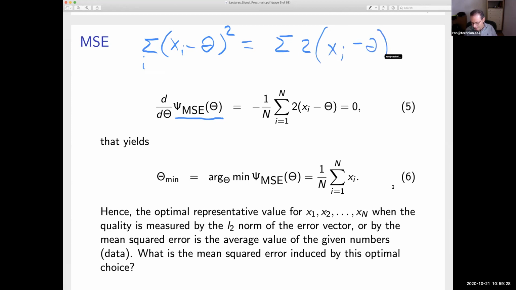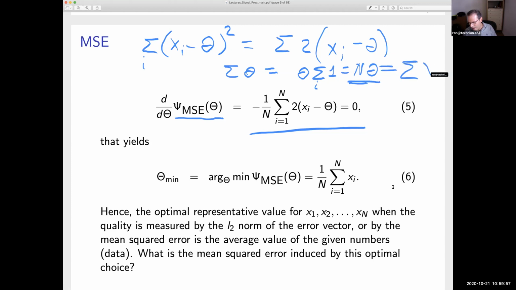Now you can immediately see that if I equate it to 0, then I can take the theta out of the sum, and thereby I'm summing over 1, and this would give me n times theta. So if I now equate it to the sum over xi, the result would be that I'm getting the average of all the xi's as my theta minimum.